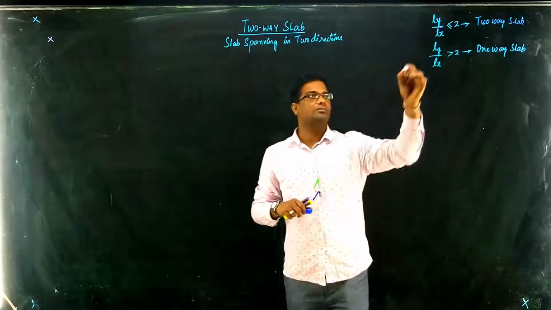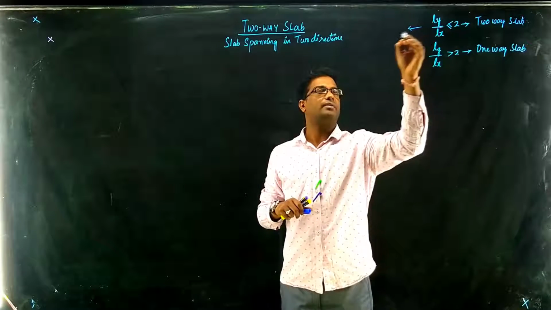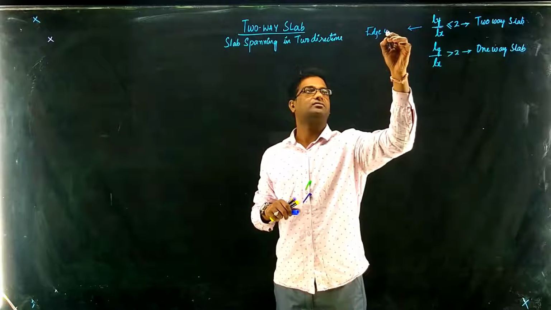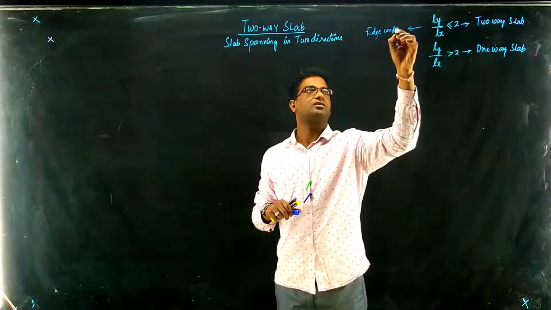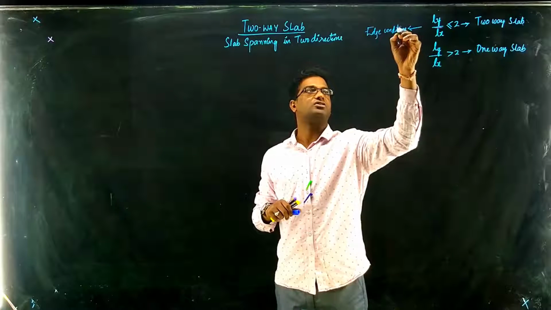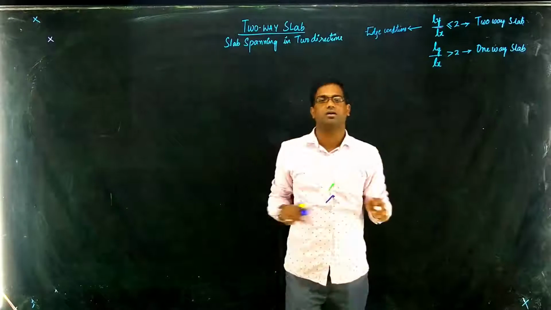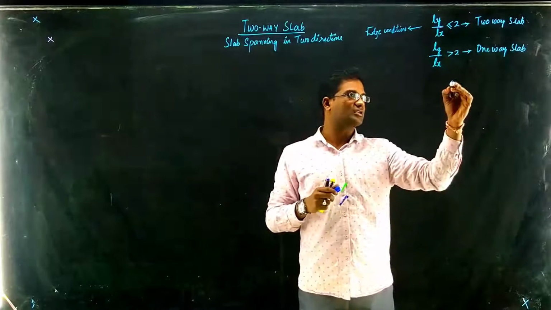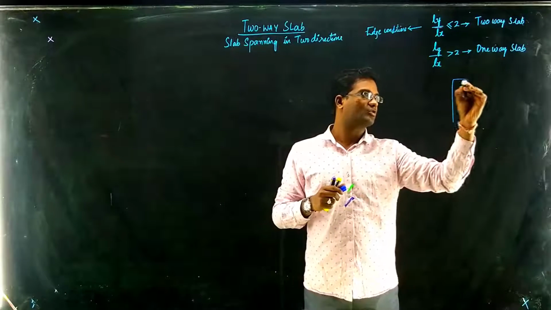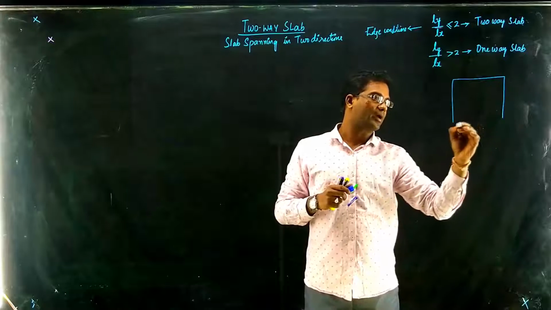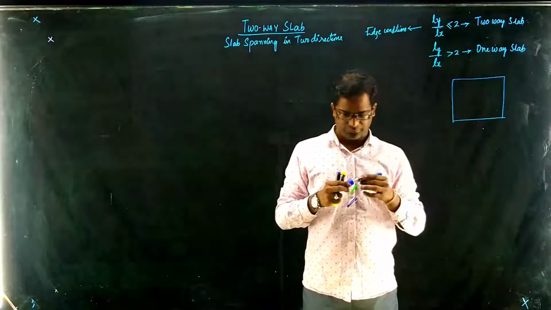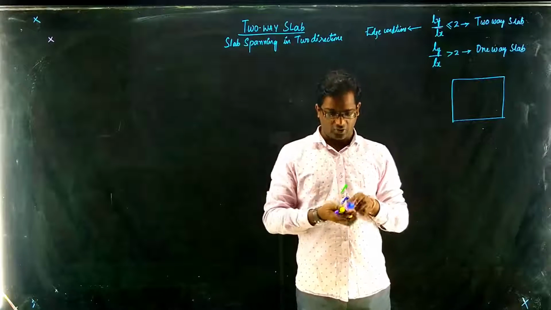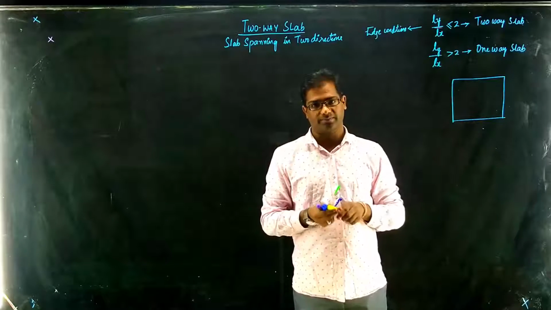In two-way slab, the design will depend on edge conditions, as I said: whether all edges are supported or not. What is this edge condition all about? If you take a look at the slab panel which I have shown here, a slab has 4 corners.